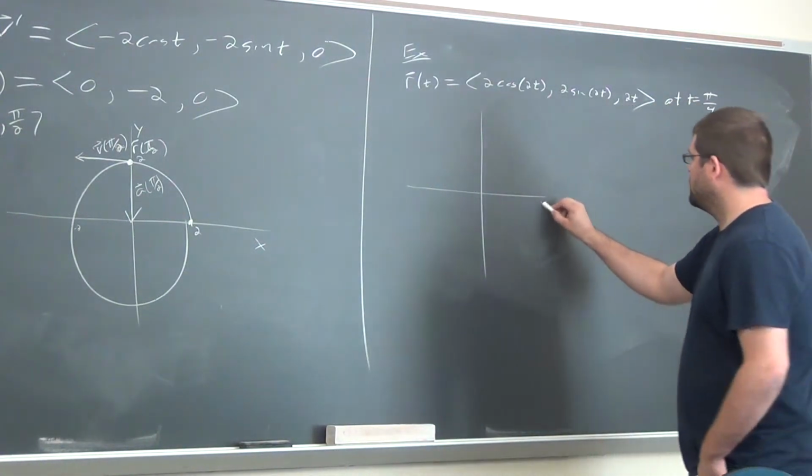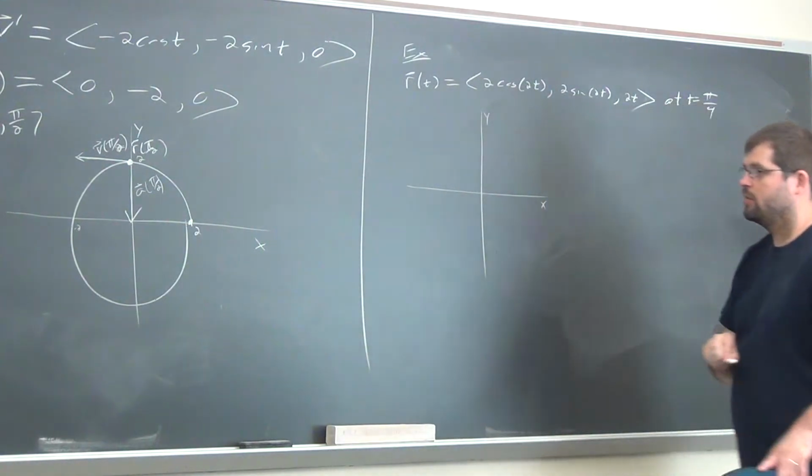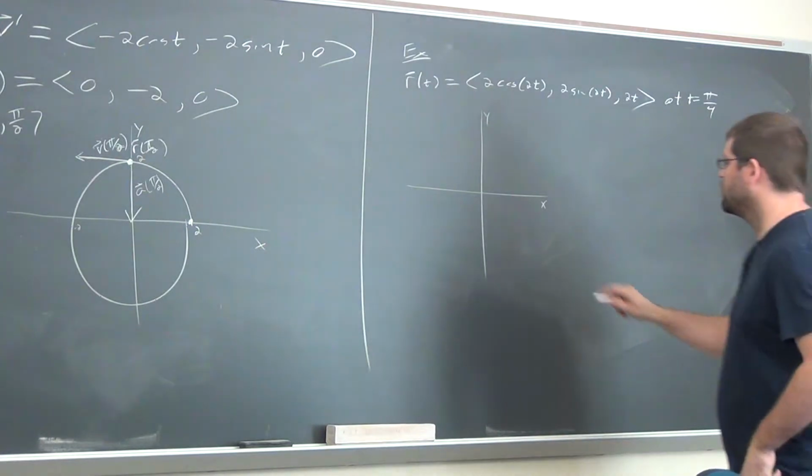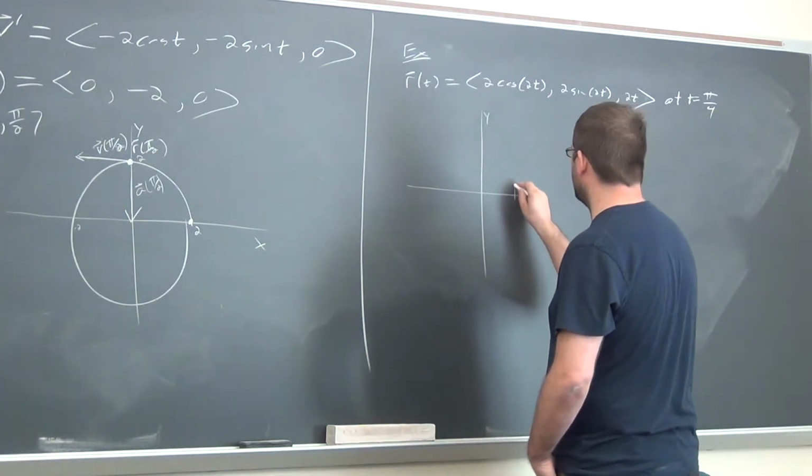So again, if I'm just in the xy plane, what's the graph of this curve? It's exactly the same, right? The 2t in the middle just changes how quickly you move around that circle. So it's exactly the same circle.